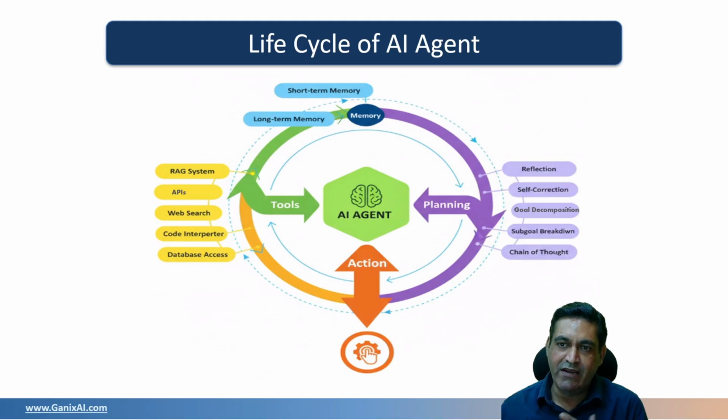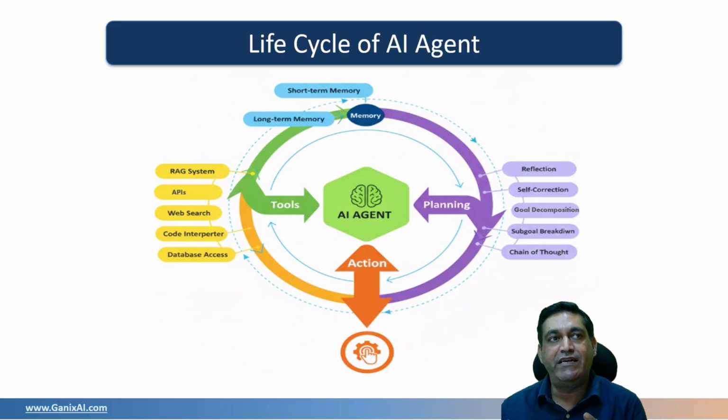Since self-correction and reflection are there, it checks the historical pattern of what type of responses were sent in earlier conversations. It breaks down the task into multiple activities, and then it creates a chain of thought.